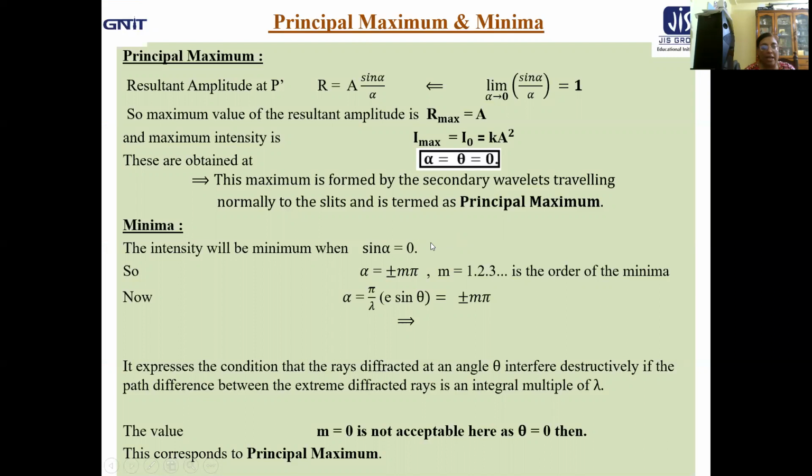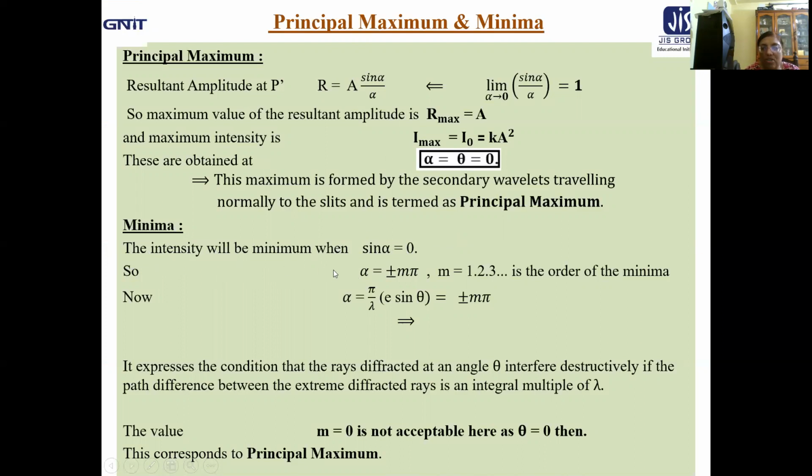That's why principal maximum. Now what about minima? To have the minima out of this factor, you need the numerator to be minimum, in the form of sine alpha equal to 0. So to have the resultant amplitude to be minimum, we need sine alpha to be 0.